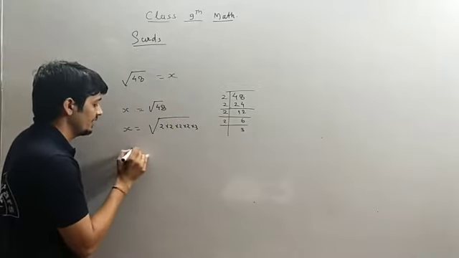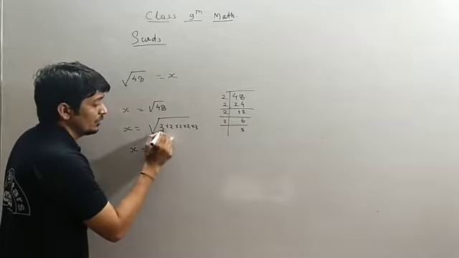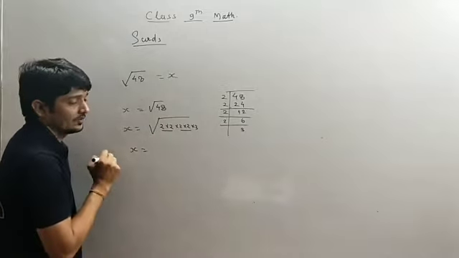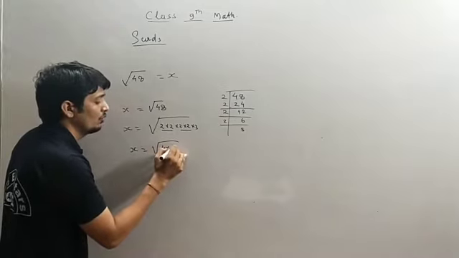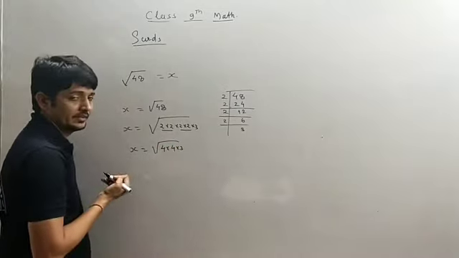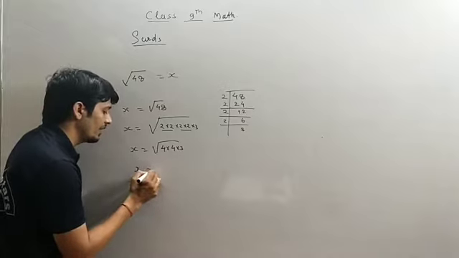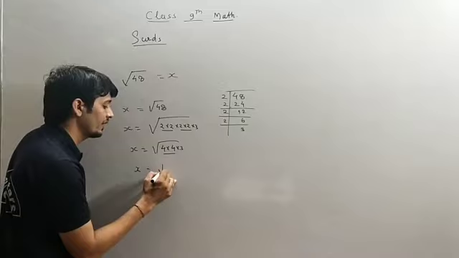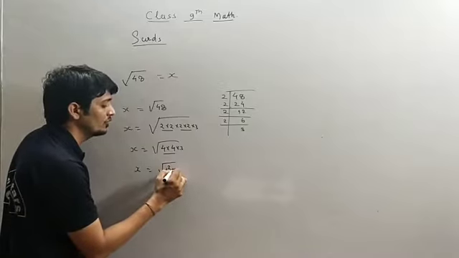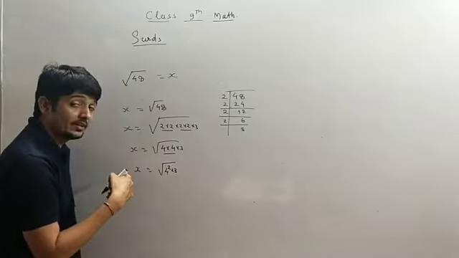So we can write x equals, see here we had two pairs. So two pairs we can write also as 4 into 4 into 3. So 4 into 4 is the square of 4. So we can write the square of 4 into 3. We have to write 3 separately.